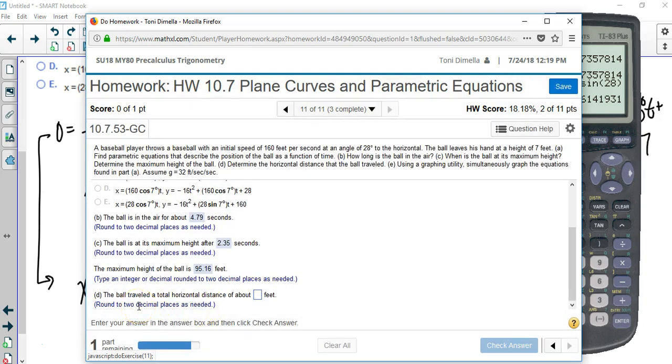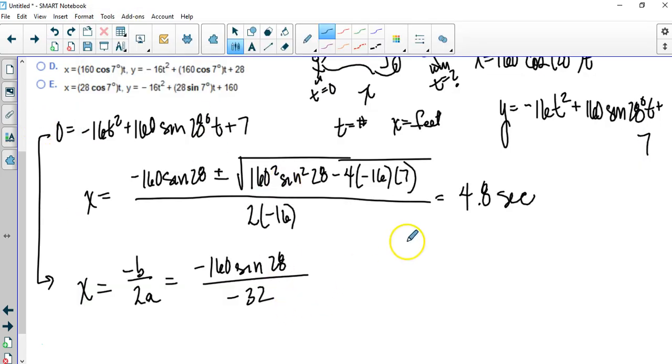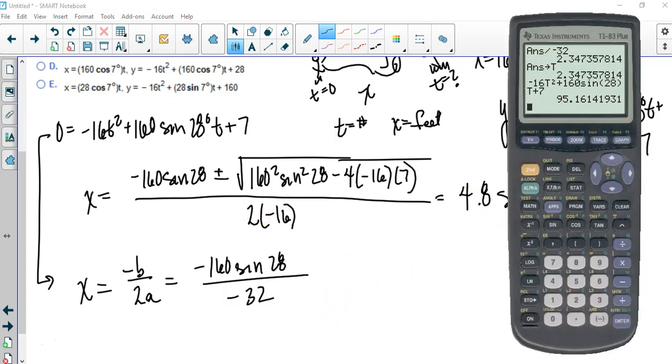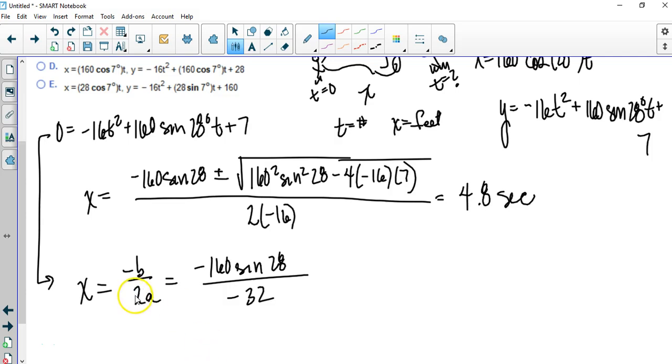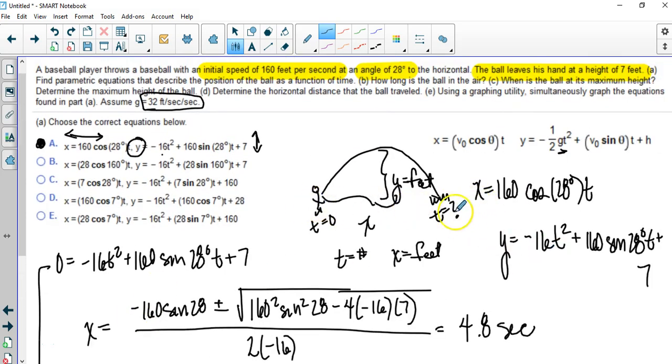Total distance traveled. Okay, now we can finally get into that other part. So we know at 4.79, right? Let's scroll back up. So I plug it up. At 4.79, I'm on the ground. How far is that? So this is 4.79. What was this distance traveled here? Right?